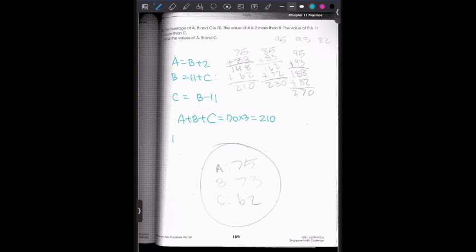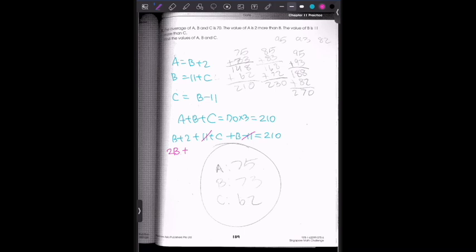So we know that B plus 2, which is A, and 11 plus C, which is B, plus B minus 11 is going to equal 210. And so we can cancel out 11, since 11 minus 11 is 0.